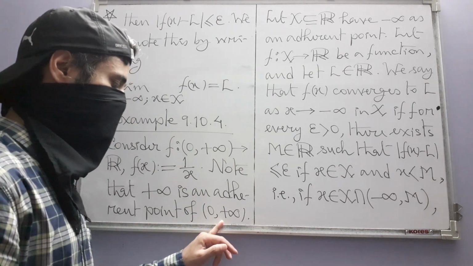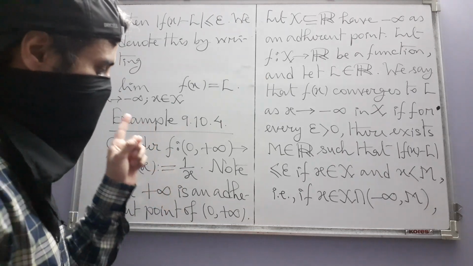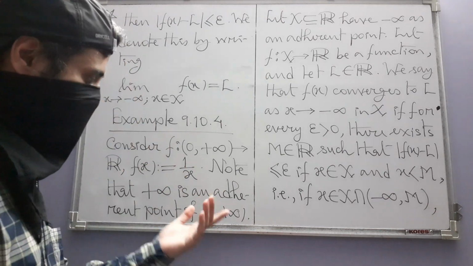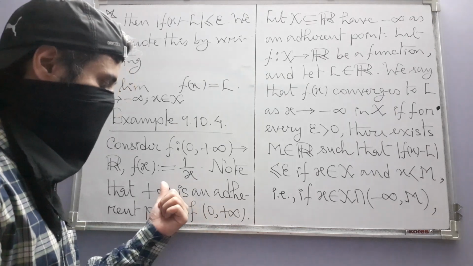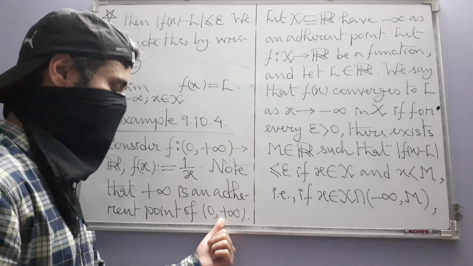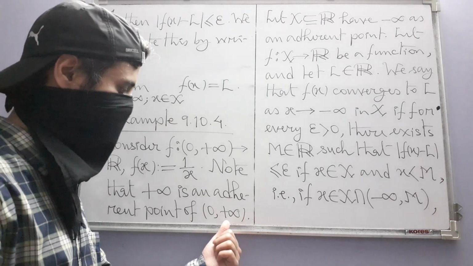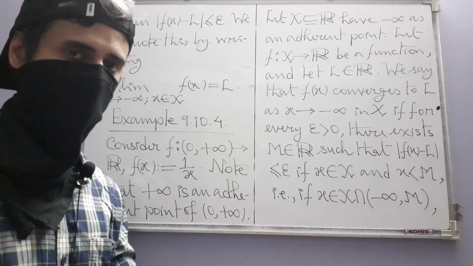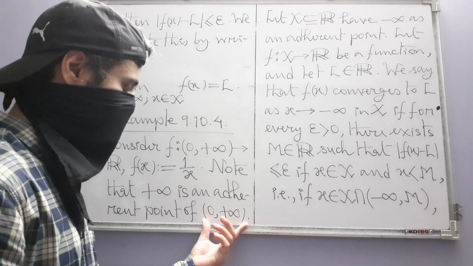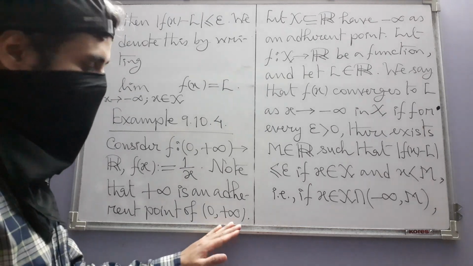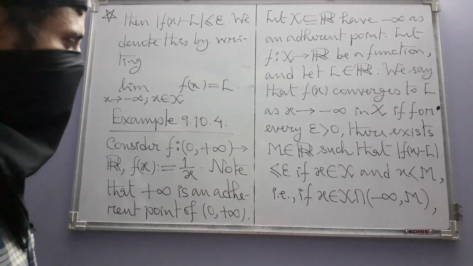No matter what m you choose, note that our original m actually can be negative also. But whatever the case is, whether that m is negative or positive, there exists at least one positive real number here which exceeds that m. To see why, you can apply the Archimedean principle. I am not going to elaborate more on this. You already know what to do.